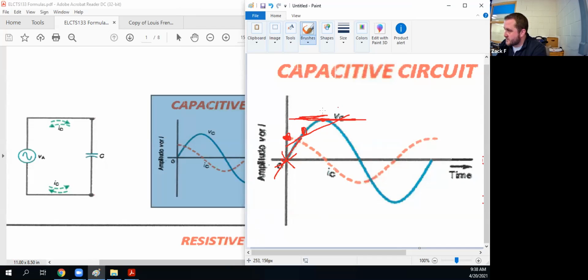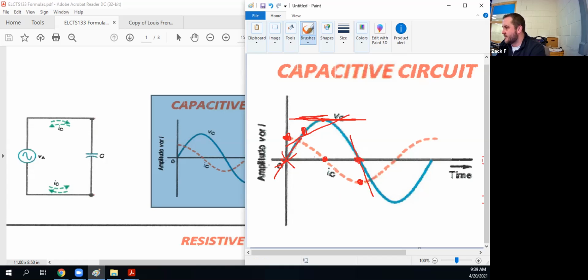Zero. Do you notice that the slope of that line is zero and the current at that point is also zero? Because the rate of change of voltage at that point is zero. At this point, the rate of change of voltage is at its maximum in the other direction. The slope is most extreme at that point in time. And it's also the maximum current in that direction.